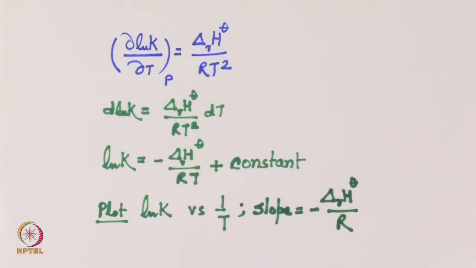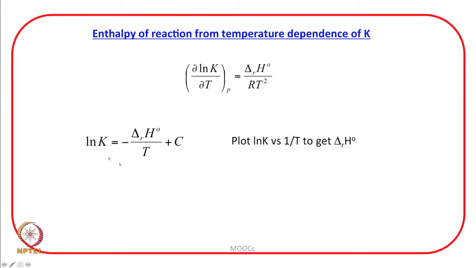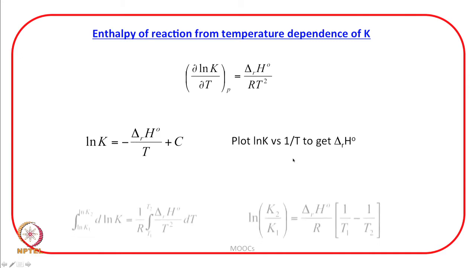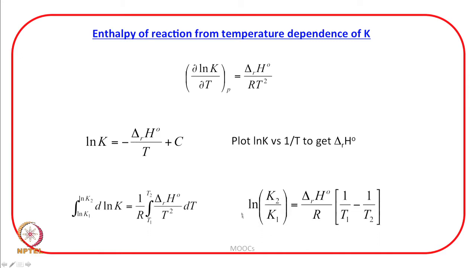Let us go back to the slides. This is one method that I discussed: you plot log K versus 1 by T, and from the slope we can get delta H naught. Similarly, you can do an integration within the limits and get a value of delta H naught from there.